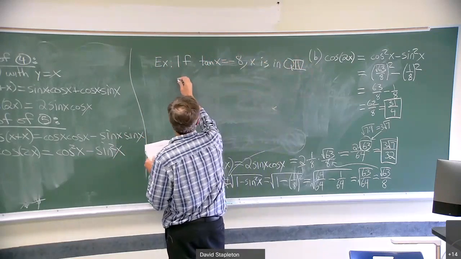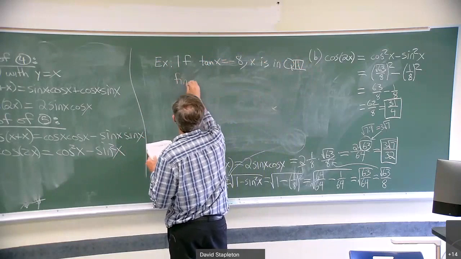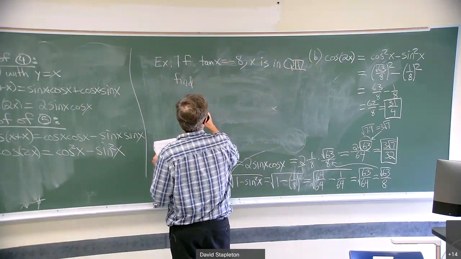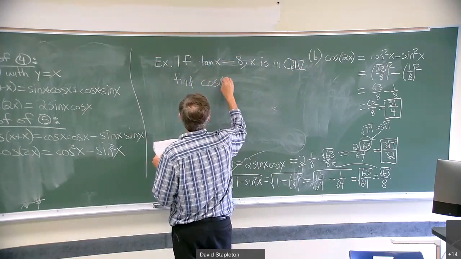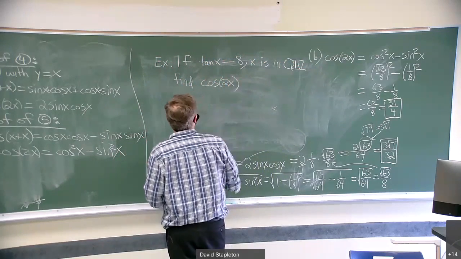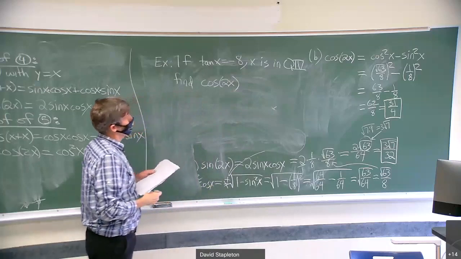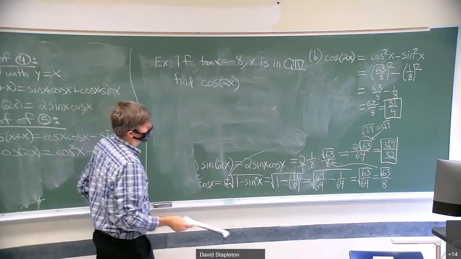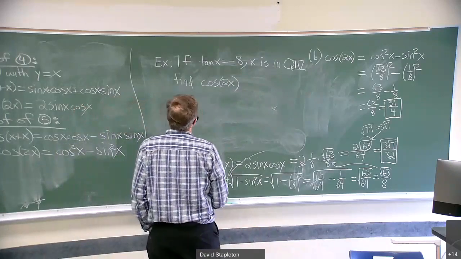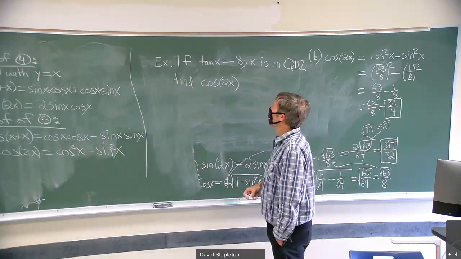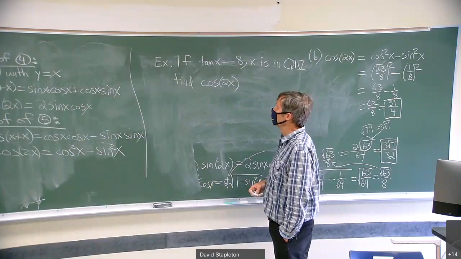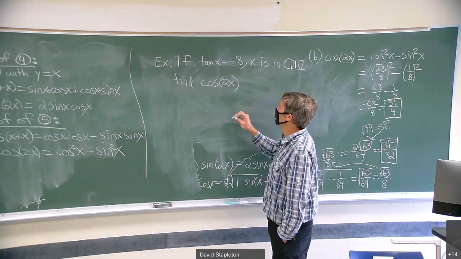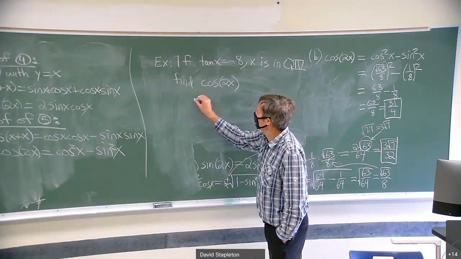Suppose this time I said find cosine of 2x. This is a little trickier. Why is it trickier? There's multiple ways to do this actually. But what you need to do is just say, I'm trying to find cosine 2x.